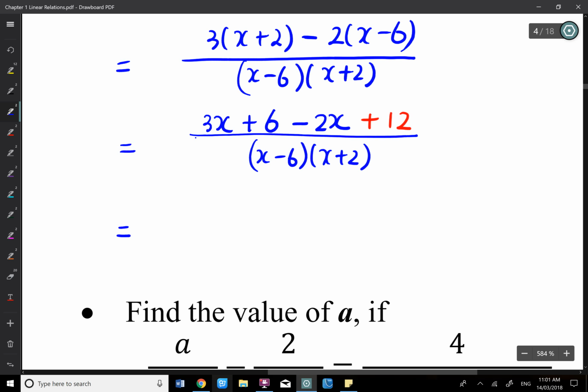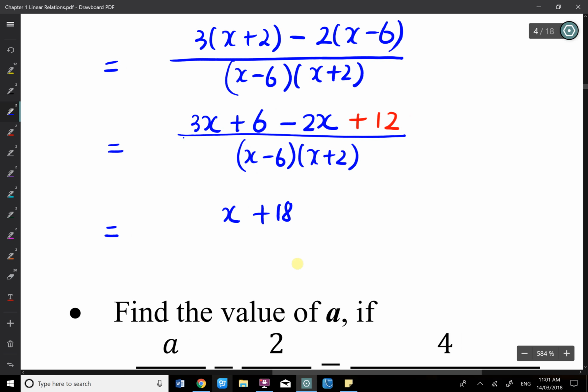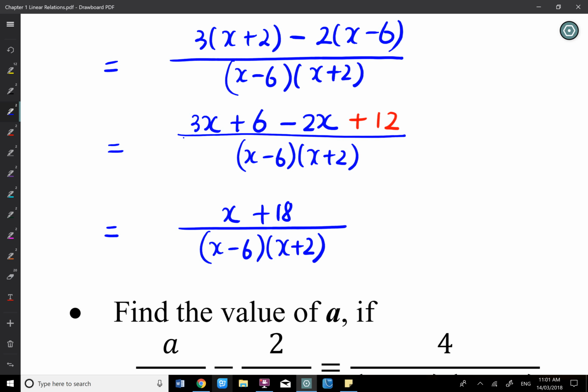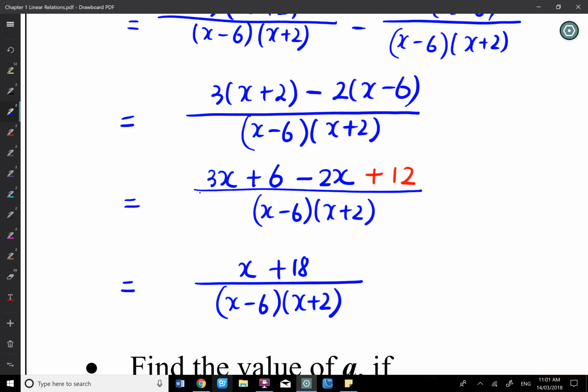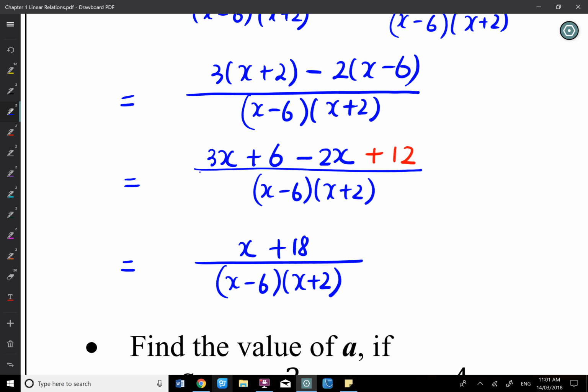So 3x and minus 2x, that's just left with x, and then plus 18. I can't simplify any further because there are no common factors between x plus 18 and the denominator. So the simplified answer should be that.